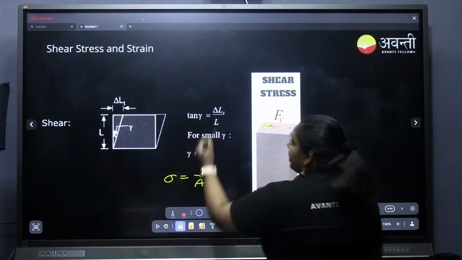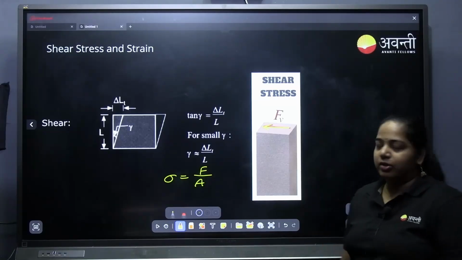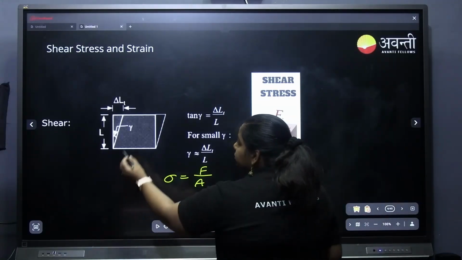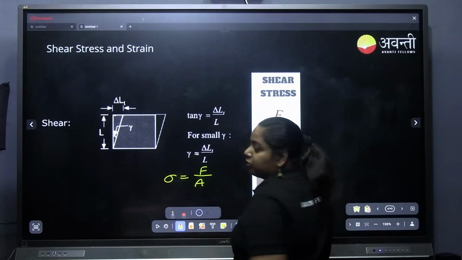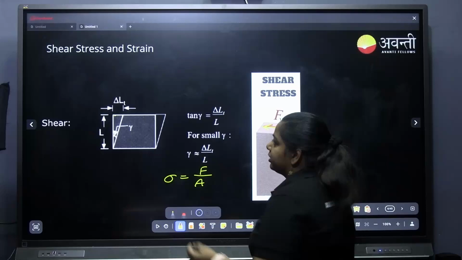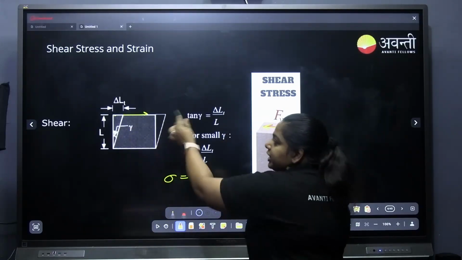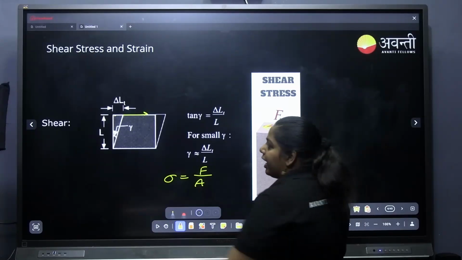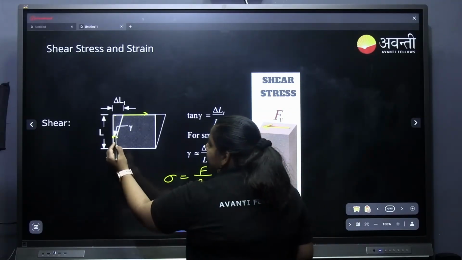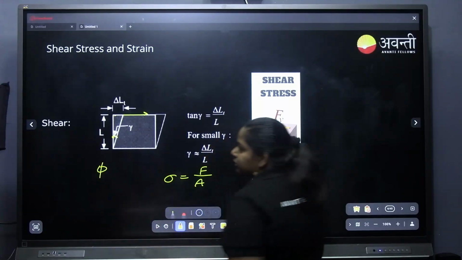Now shear strain, we will find in a different way, not by elongation. As you can see, when a tangential force is applied, there is a shape change happening in the object, right? Force is applied in this direction, so a shape change happened, and they have mentioned this angle as gamma here, usually we can mention it as phi also.